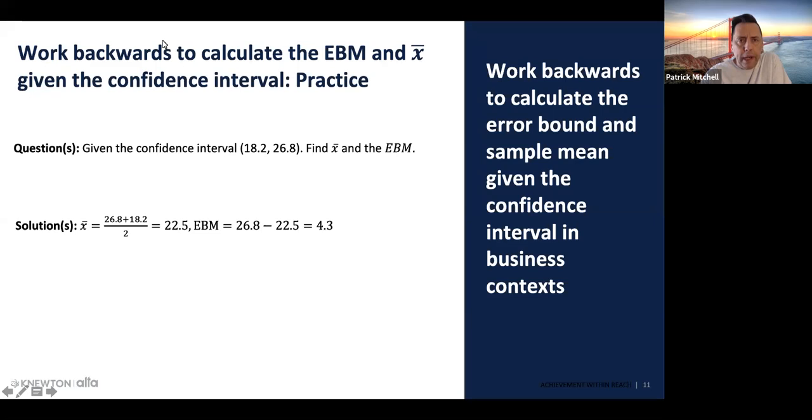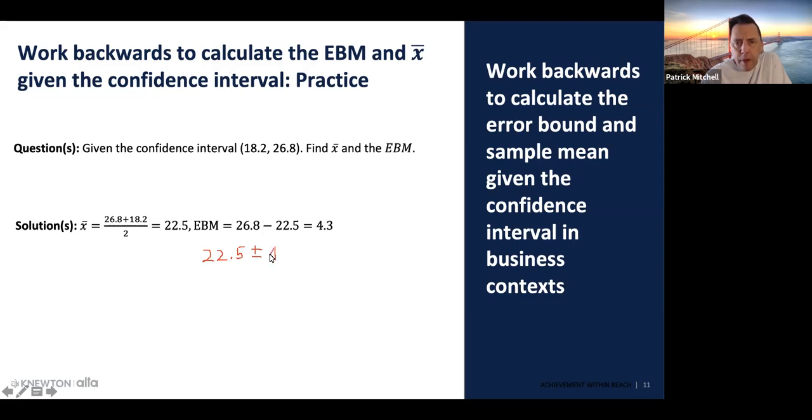So I just want to point out the way that I normally like to write confidence intervals. Really I like to write them using interval notation, but before I write them using interval notation, I will often write them like this: 22.5 plus or minus the error bound, which is 4.3.